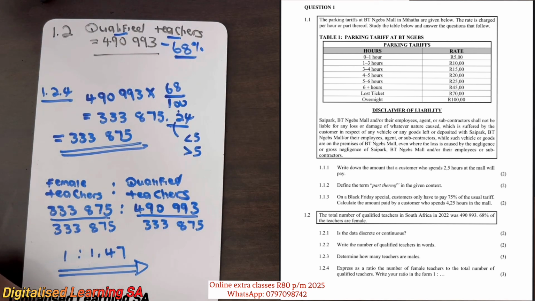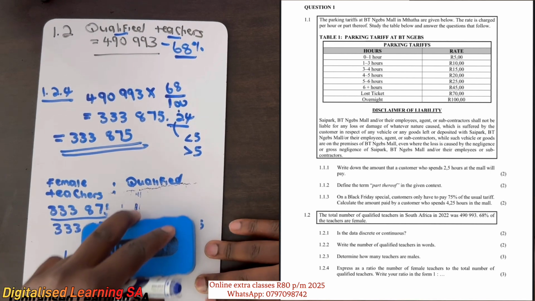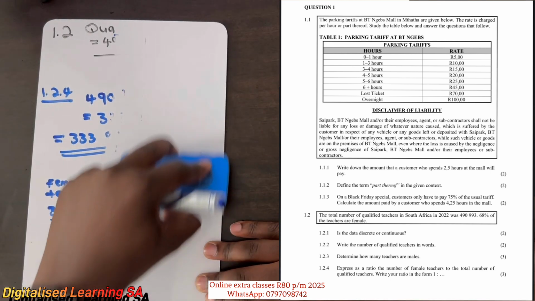Okay, so now let's move to question 1.3. So we are done with 1.2. So now we are moving to 1.3. So we can just quickly create space so that we can answer that question.